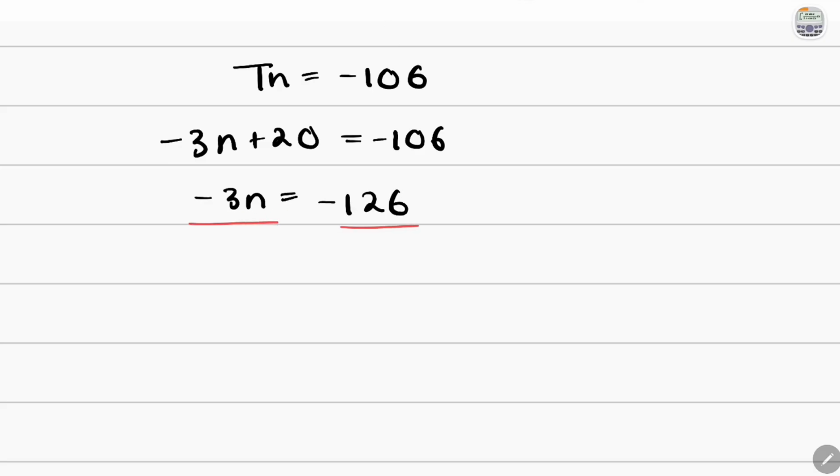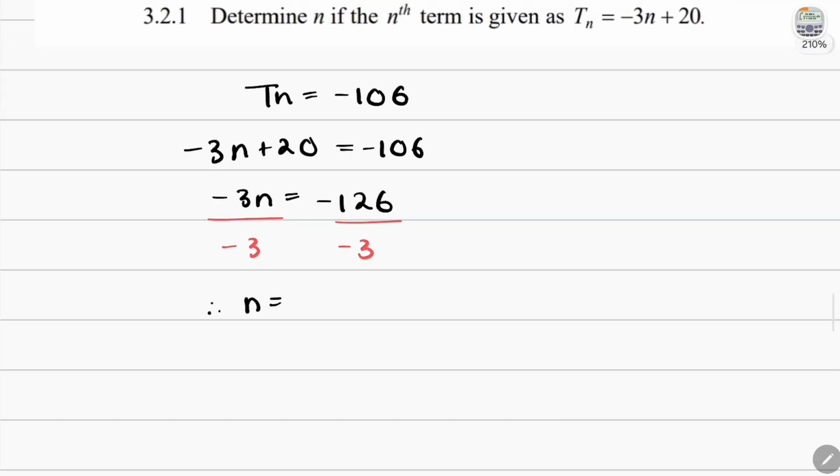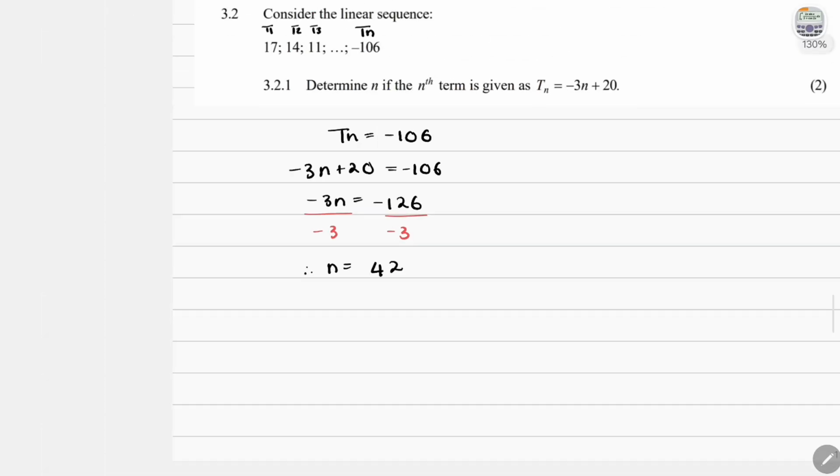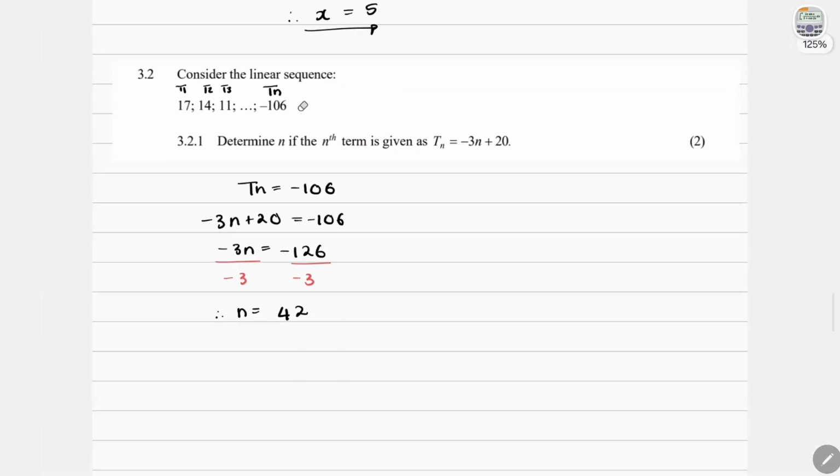Then divide both sides of the equation by negative 3, and finally n is equal to, 120 divided by 3 is 40, and then 6 divided by 3 is 2, so this is 42. And that is our answer. So there are exactly 42 terms in this sequence, and term number 42 is equal to negative 106.